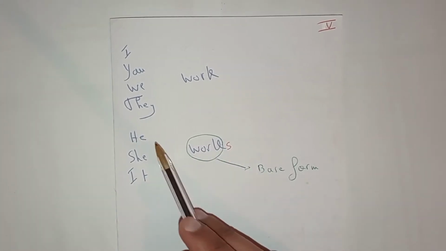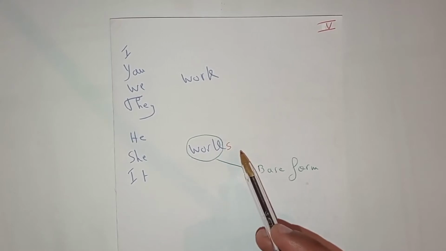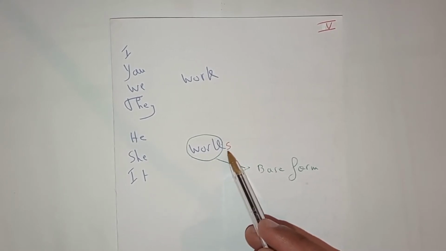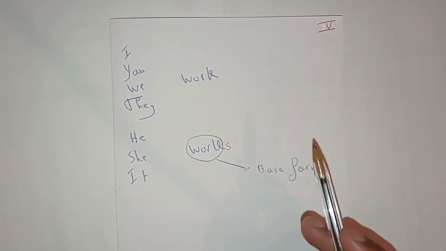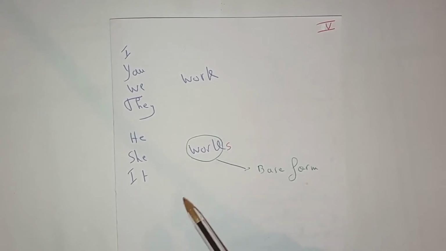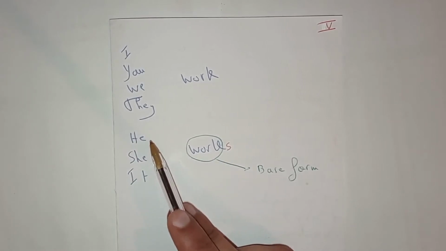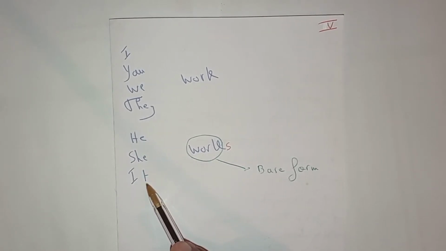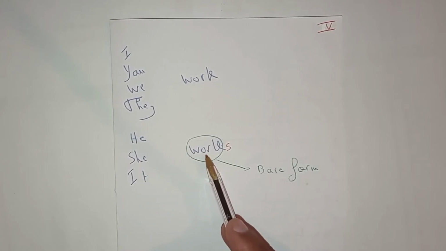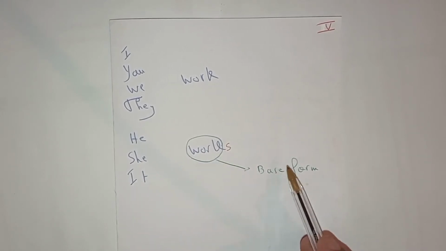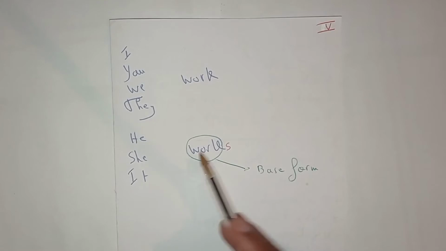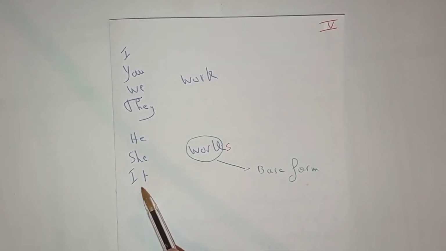Look, in he, she, it, we have S. Most verbs take an S in he, she, it. And this one, we call it, it's the base form.